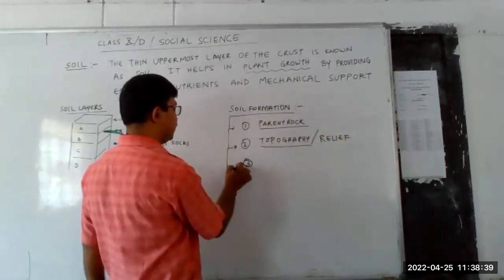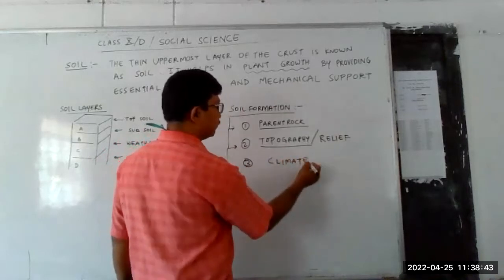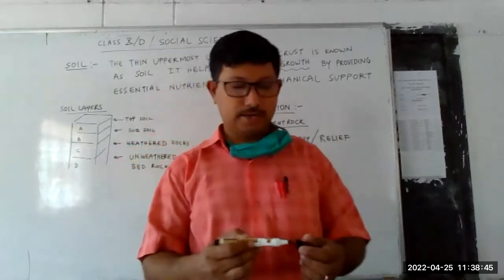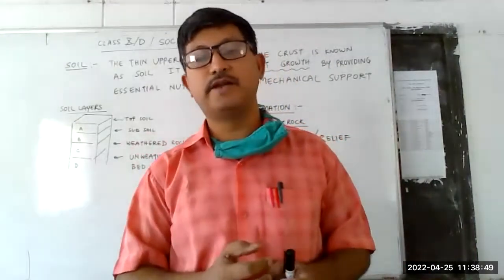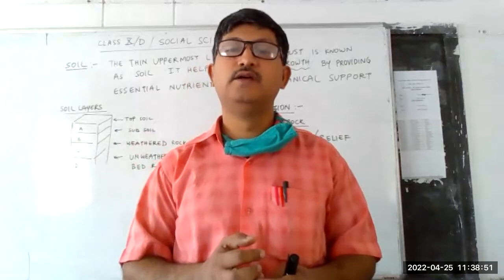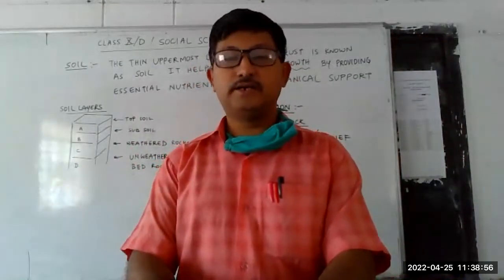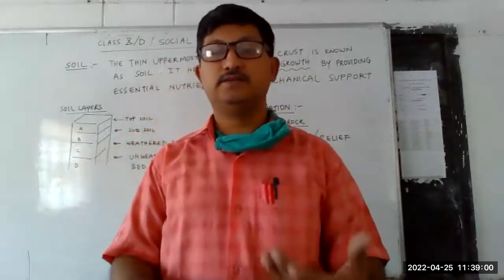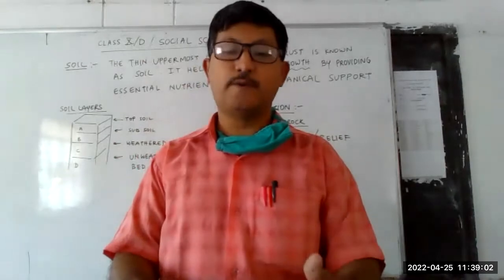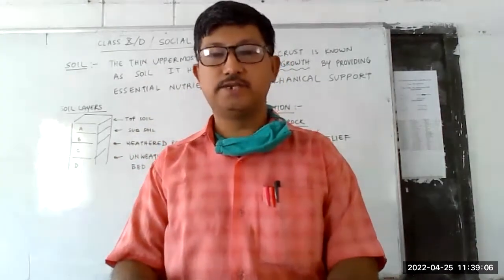Number 3, the third factor, is climate. Just now we said that the parent rock gets broken or weathered due to the action of temperature, pressure, rainfall. So the rate of weathering is controlled by the climatic condition of an area. The equatorial regions, the tropical areas, have a much higher rate of erosion and weathering.